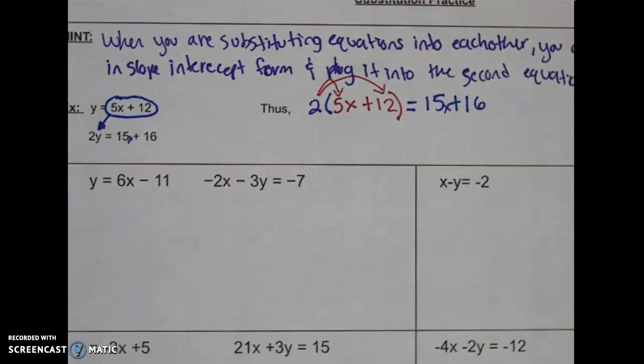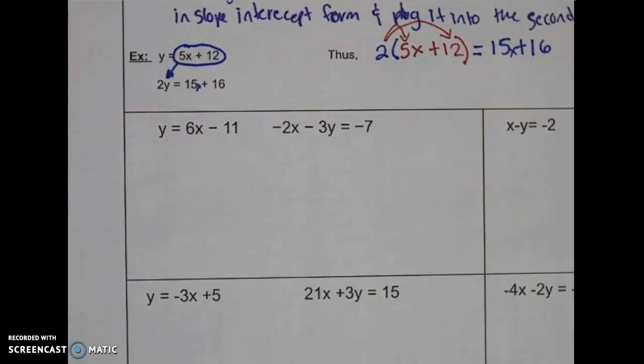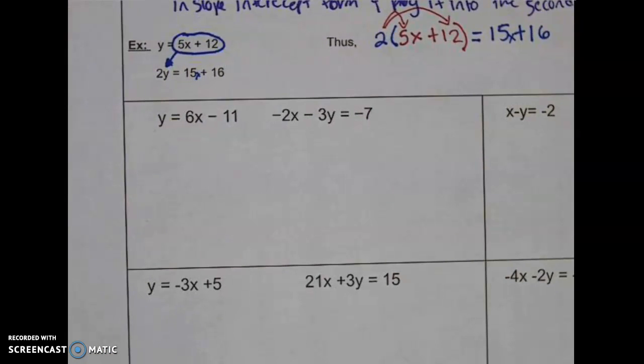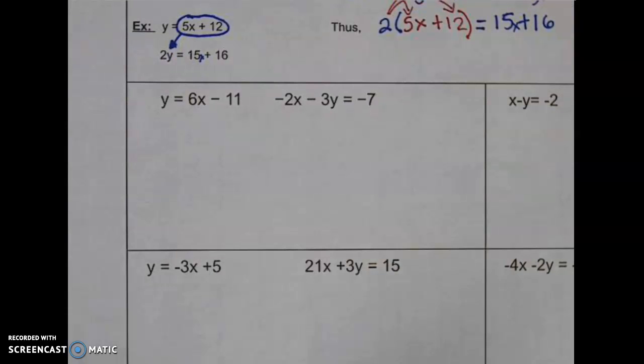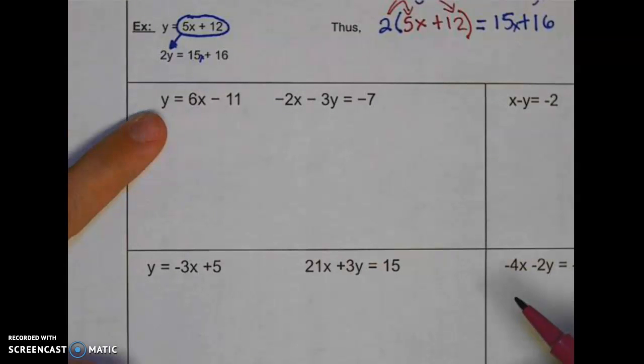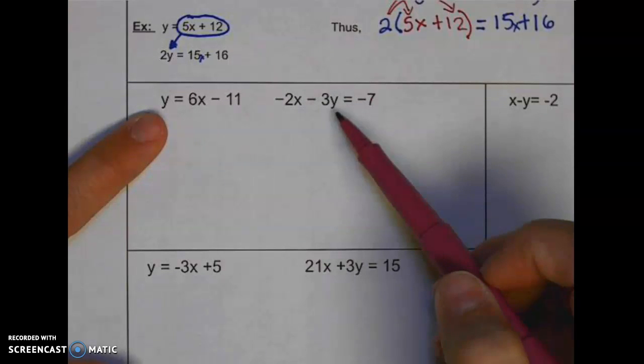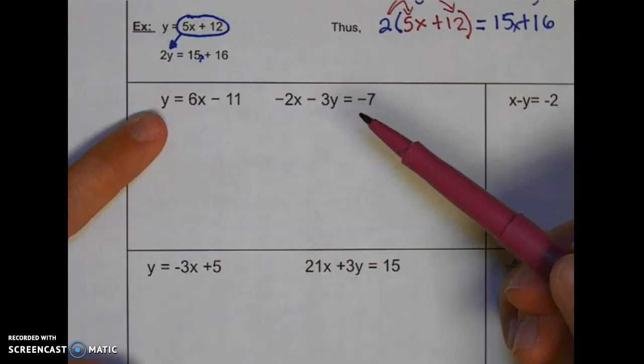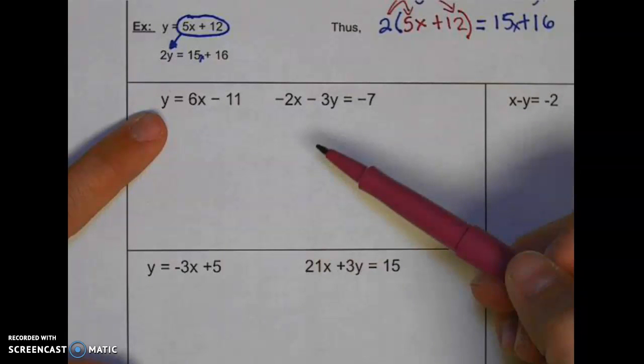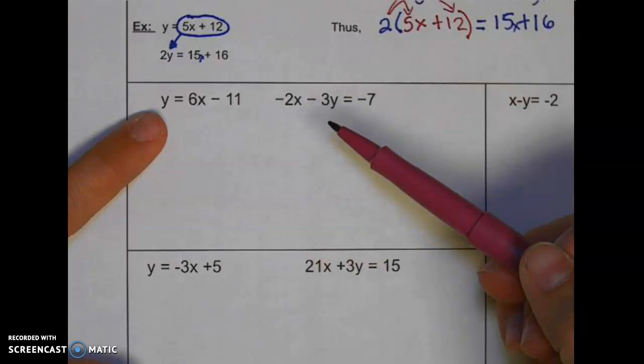Alright, so let's actually see how this is going to work. For our first one, is at least one of these in slope-intercept form? Y equals mx plus b form. Yes, the first one is. So what I'm going to do, and you can honestly use the other way where you put this one in slope-intercept form and then put them equal to each other, whichever method works for you.